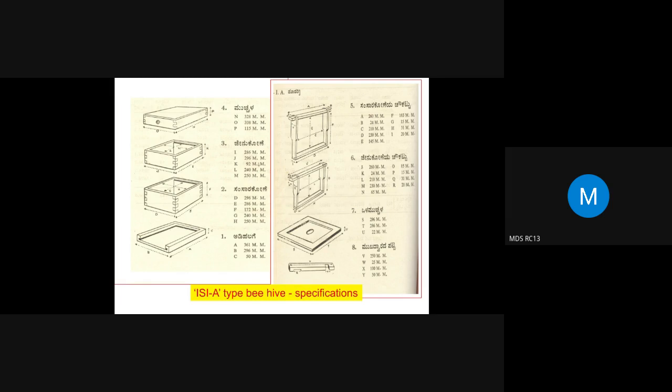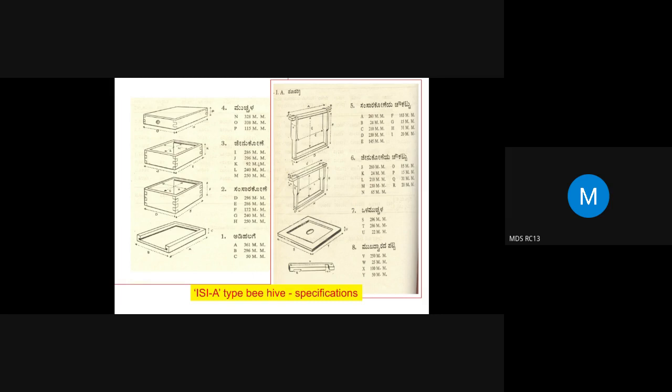So to avoid egg laying in the super chamber, a layer of aluminum sheet, a gate-like structure where only workers can pass through and the queen cannot pass, with that size of mesh, a standardized sheet, is used as a queen excluder and placed between the brood chamber and super chamber.